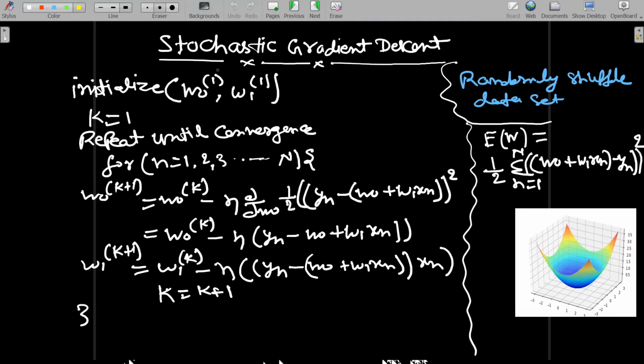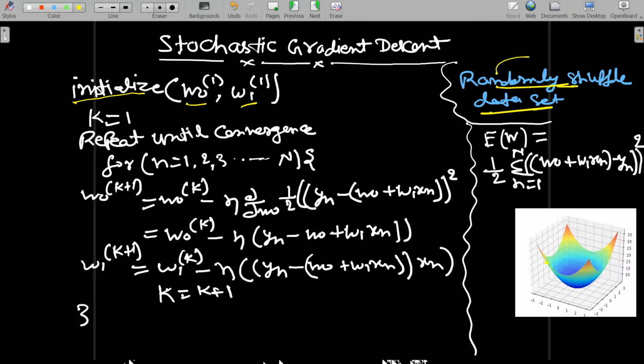So this is the stochastic gradient descent algorithm. What we are doing here is randomly shuffling the data set. The data set which we have, 10,000, maybe 50,000, 60,000, anything can be a data set. It is given to you. So you have to randomly shuffle the data set, and then also initialize the first point w0 and w1.